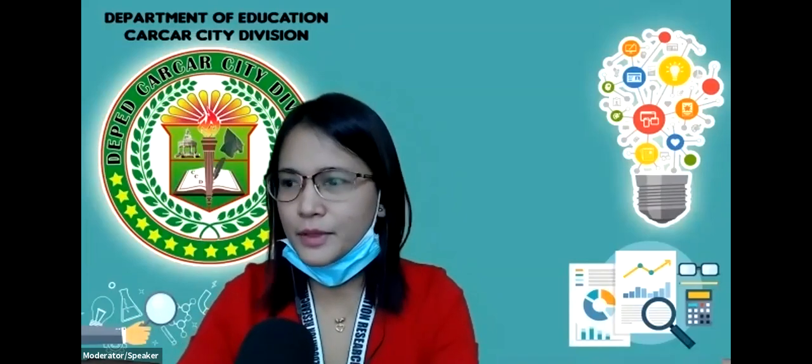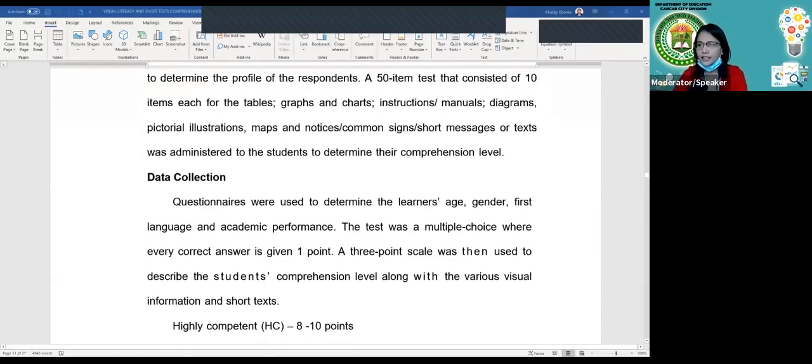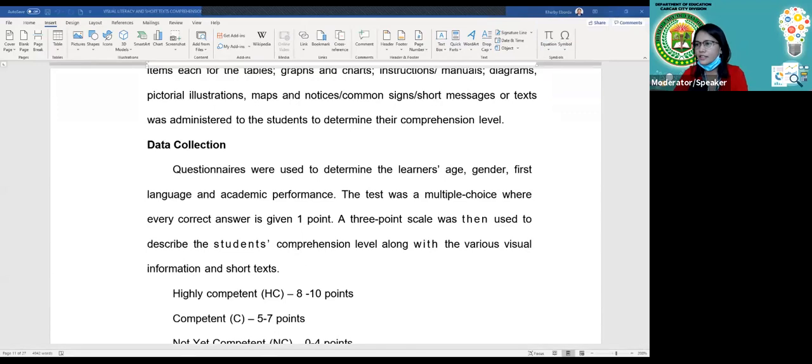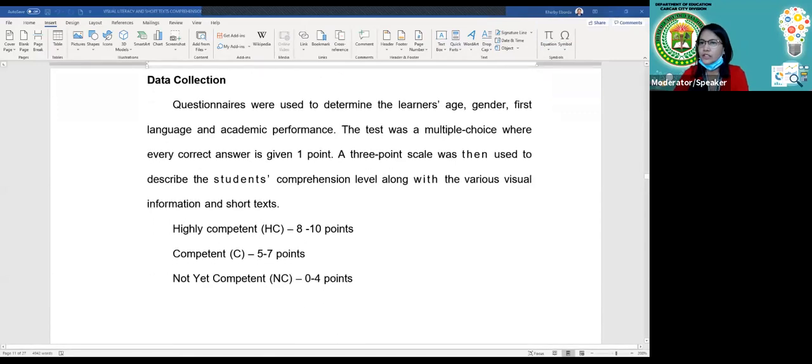There, yes, that one. Okay, so this is an example of a data collection procedure that I used in my previous study. This has been presented in a conference. Okay, so here, data collection questionnaires were used. So you have to specify there what you used in gathering or collecting your data.